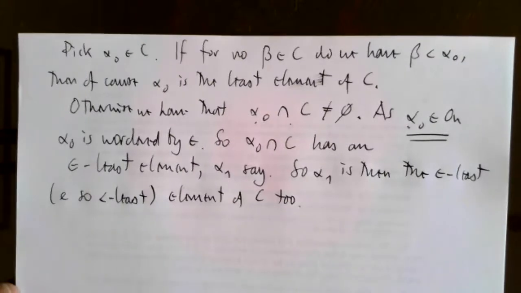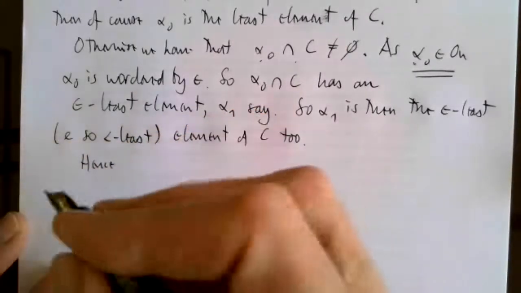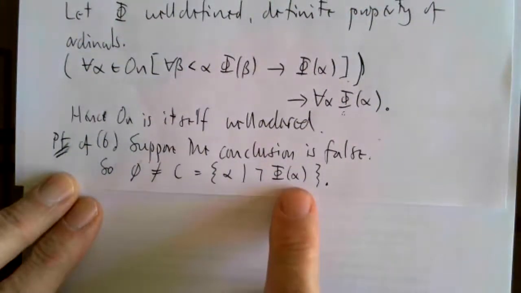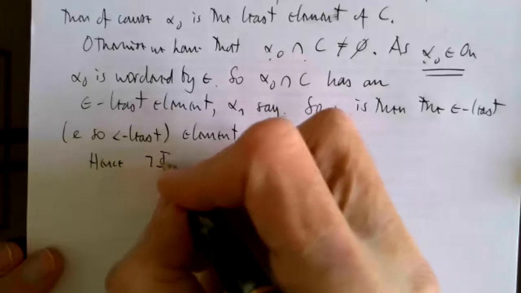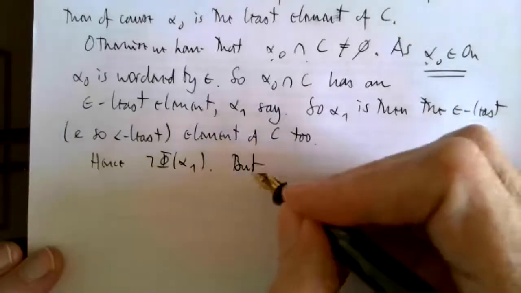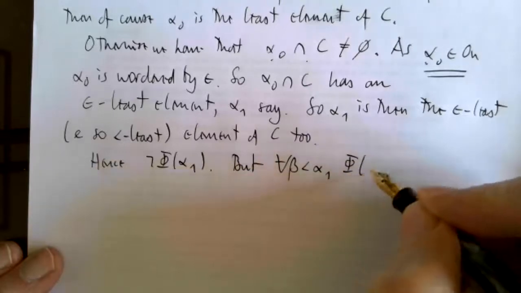So what have we shown? That C is going to have a least element. Remember what C was. C was the collection of alphas for which not phi held. Hence we have not phi alpha 1, but because it's the least element of C, for beta less than alpha 1, we do have phi beta.